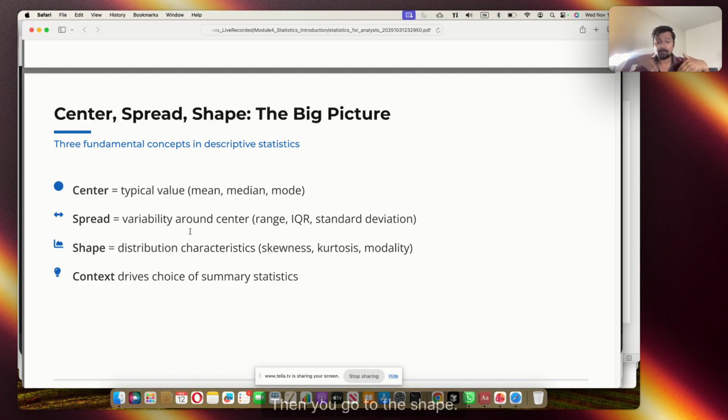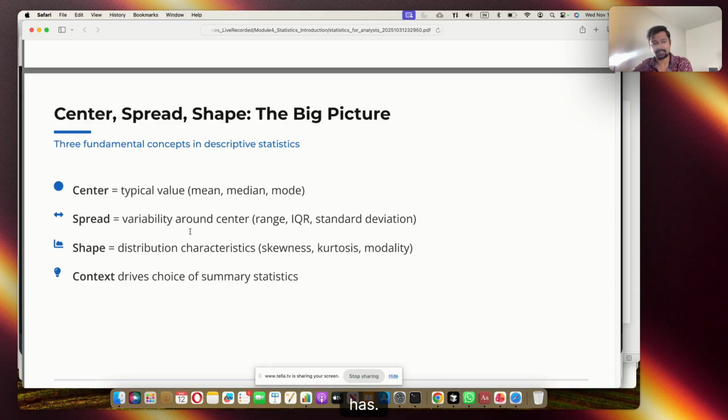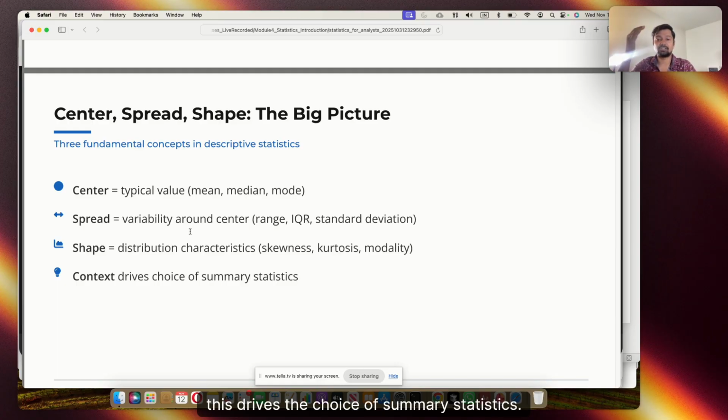Then you go to the shape. These are distribution characteristics like skewness, kurtosis, and modality. If the data is not symmetric, you need to find out what kind of shape it has. And then, last is the context. Context is the thing that drives the choice of summary statistics. Now that you have seen the central values, spread, and shape, it will be easier for you to decide what kind of analysis you would like to do.